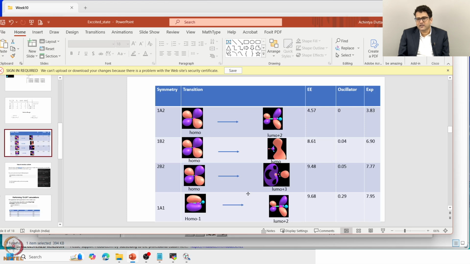One is a vertical excitation energy, the other an adiabatic excitation energy. Vertical excitation energy means your excitation happens at the geometry of the ground state. For the adiabatic excitation energy you need to take the energy difference between the ground state at its own geometry and the excited state at its own geometry.